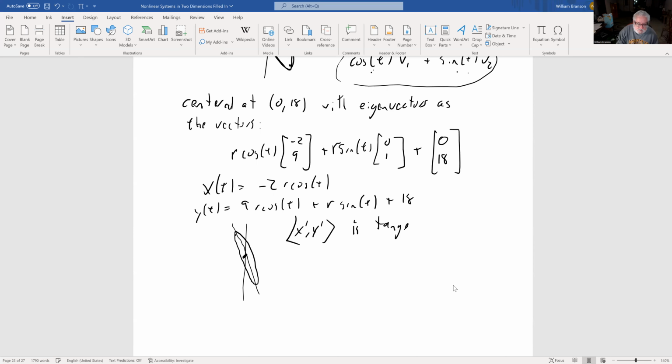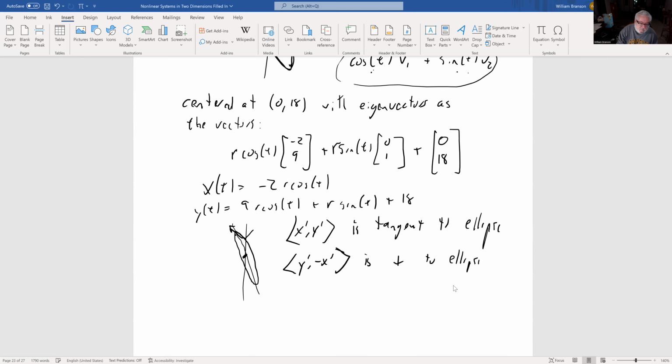Again, x prime, y prime is tangent to the ellipse, right? Something like that. So y prime minus x prime is perpendicular to the ellipse.